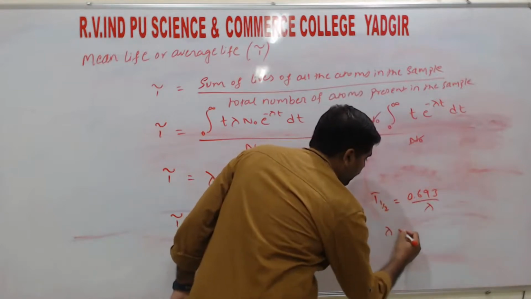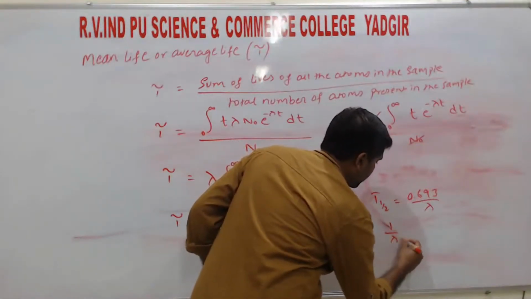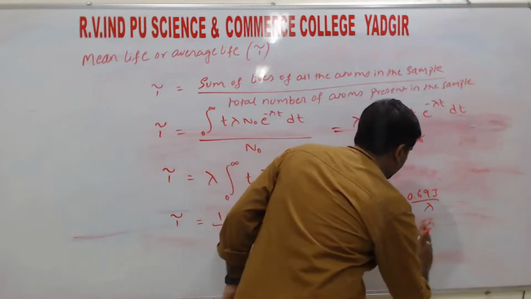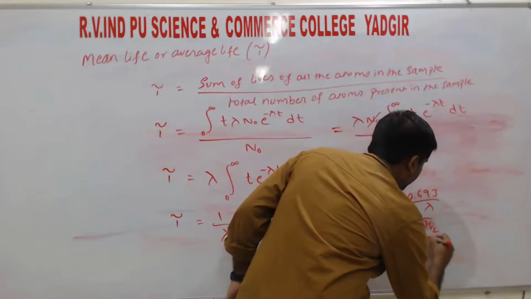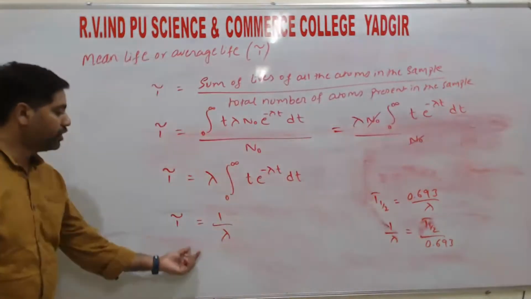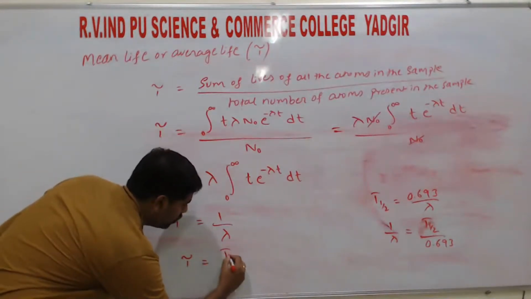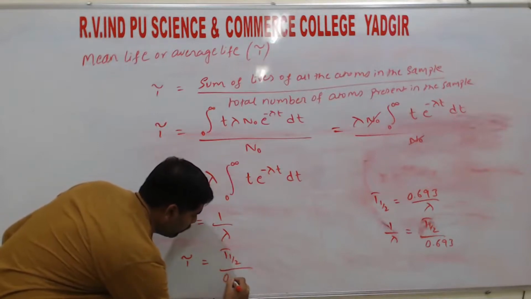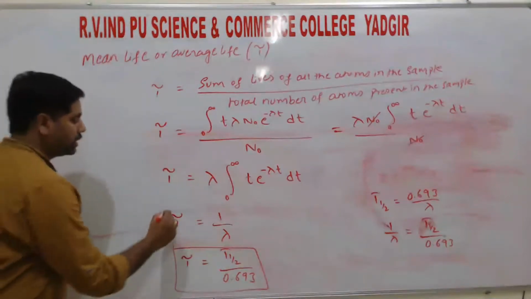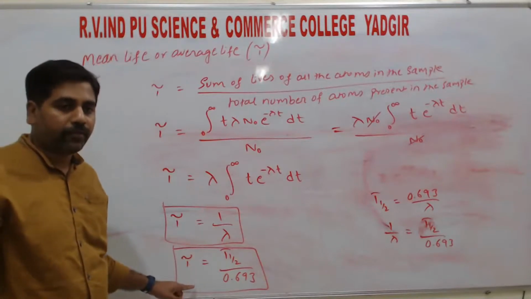So from this, if we write lambda, so here we have 1 by lambda, that is equals to t half divided by 0.693, right? So if we substitute here, we get the mean life tau is equals to half life t half divided by 0.693, right?